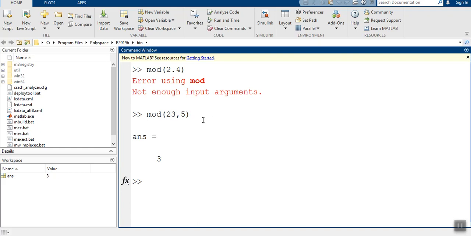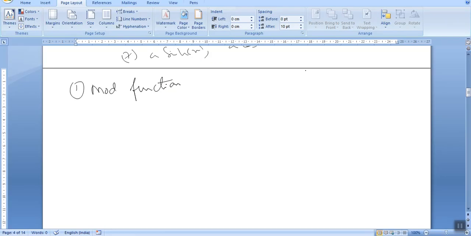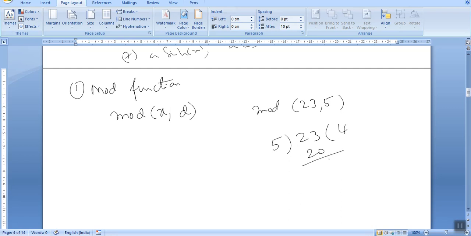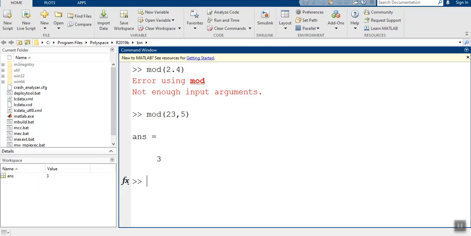So the modulus of 23 comma 5. Now what is the syntax here? Mod of x comma divisor. So what is the example here? Mod of 23 comma 5. So divide 23 by 5, 4 times. So what is the remainder? This is called the remainder. So the remainder is 3. So this is our methodology.